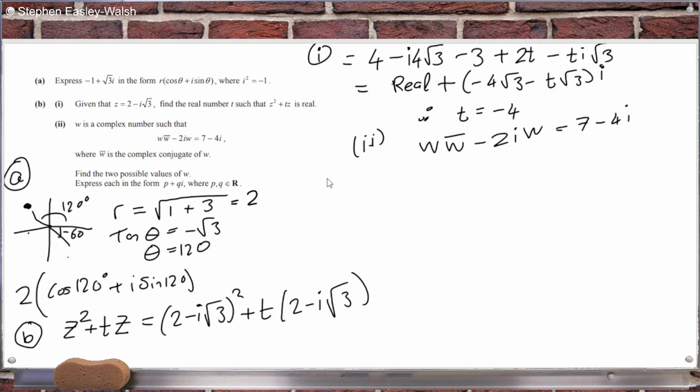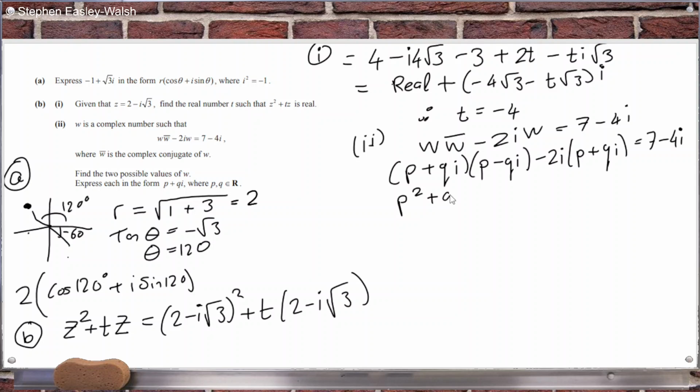Well, if we take their suggestion of saying w is p plus qi, that will be p plus qi times p minus qi minus 2i times p plus qi equals 7 minus 4i.